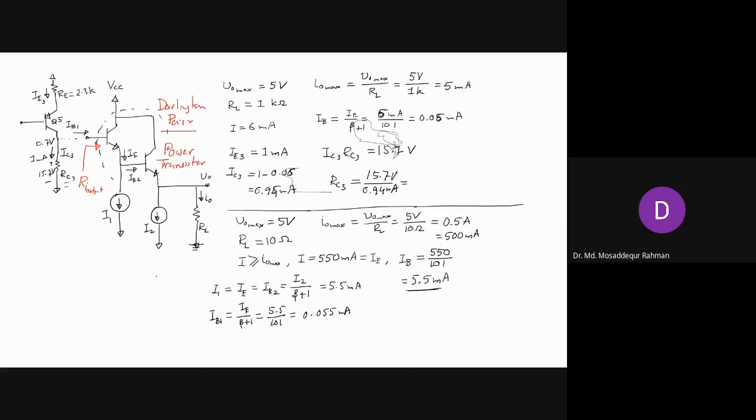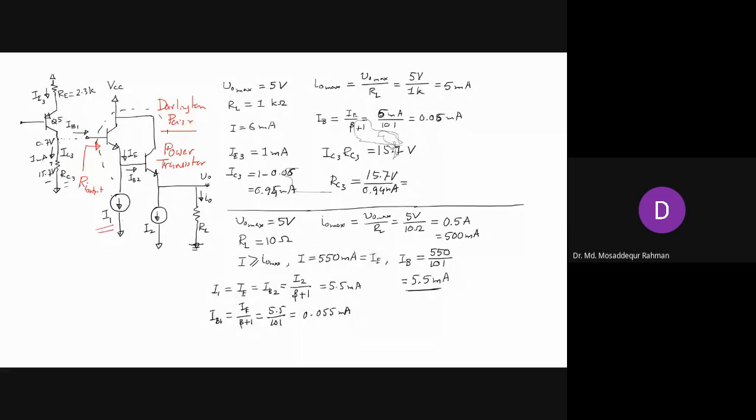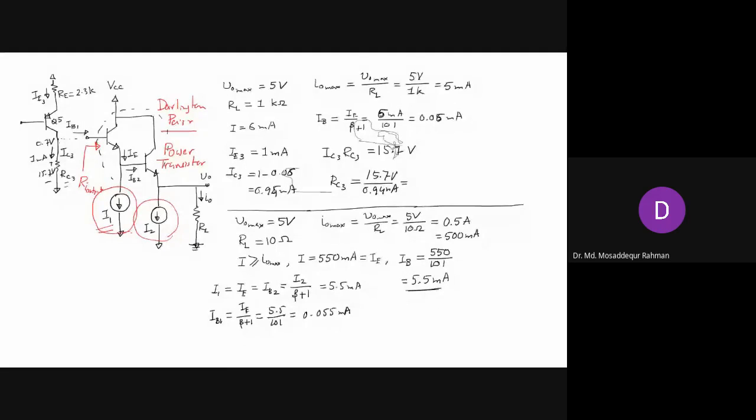Okay, so that is all about the differential amplifier. Our next topic will be the current sources and current mirrors. So far we are showing these current sources using this symbol. This is the symbol of the current source, used to bias the amplifiers in integrated circuits.